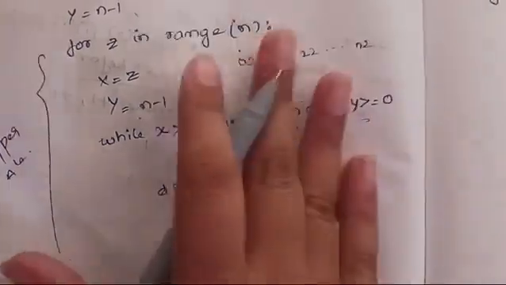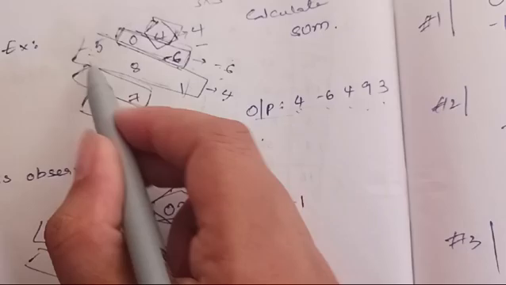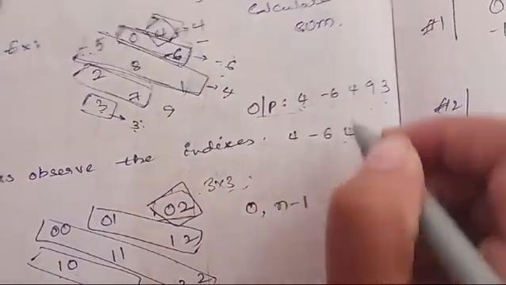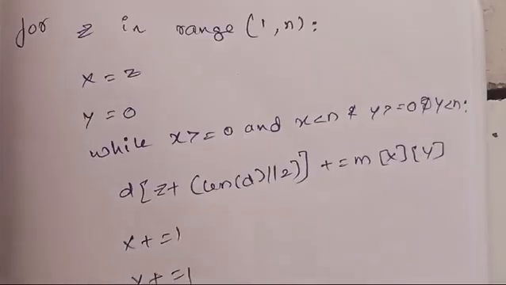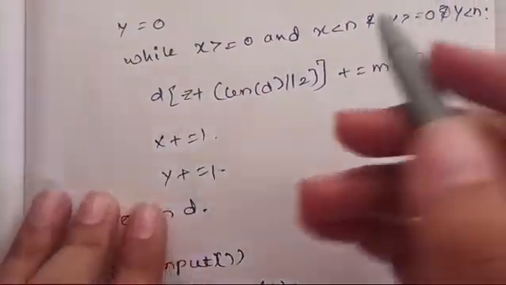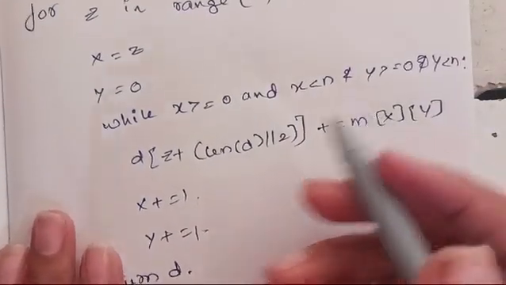output. For this, what will we get? Till here. That means we'll get 4, minus 6, 4. We need to find 9 and 3 now. Same procedure is for 9 and 3. But we have to just add 1 and 1 instead of subtracting 1.